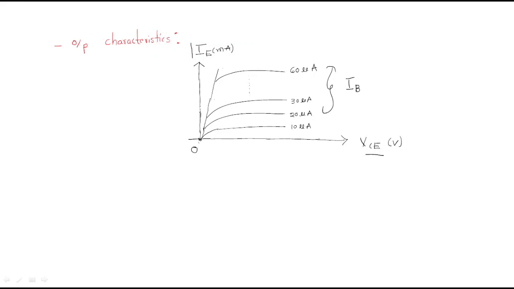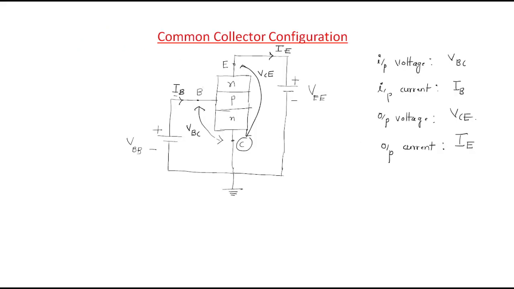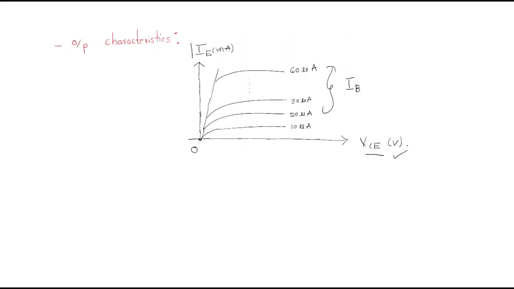By varying the input voltage, it follows the curve. For 20 microamps, it slightly increases along this curve. For 30 microamperes it also follows the curve, and likewise for 40, 50, 60. If you observe, the output current is in milliamps and the voltage in volts. These are the input and output characteristics of the common collector configuration.